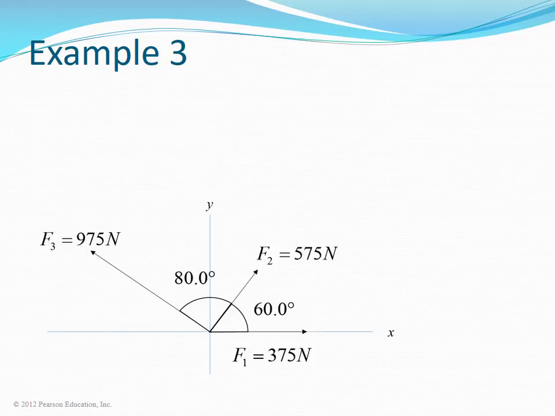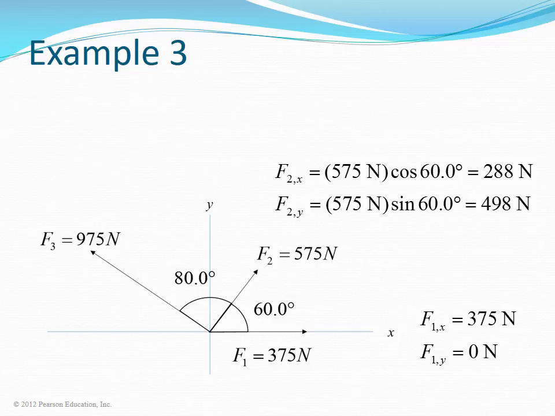We must find the x and y components of each vector. The x component of F sub 1 is 375 newtons, and the y component is 0. The x component of F sub 2 is 288 newtons, and the y component is 498 newtons.